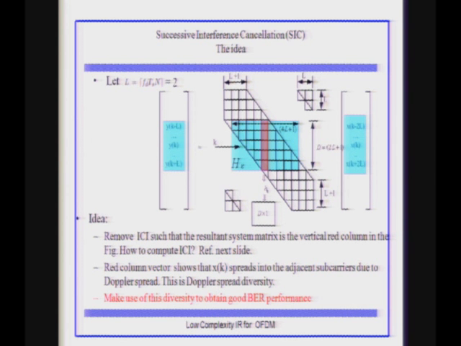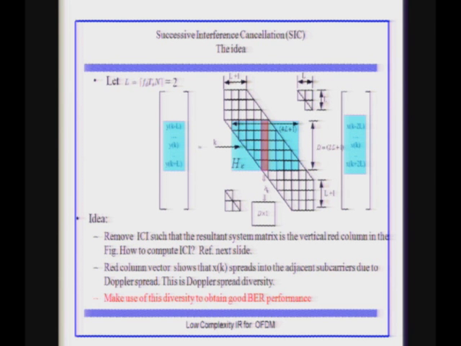So when we look at this matrix, these rows will be contributing to the ICI, whereas if you look at it vertically, it is as if it is giving you a diversity, because you have one single symbol xk being transmitted, and that is getting into multiple observations here. So that is kind of a diversity case.